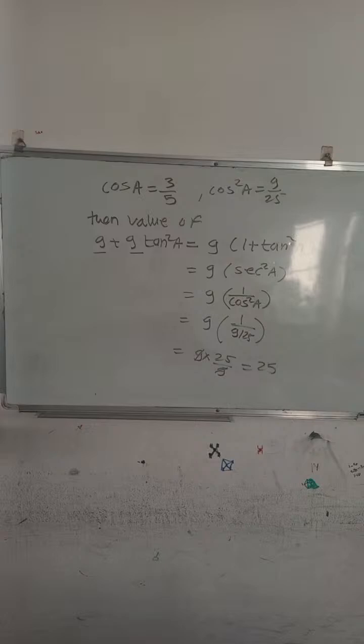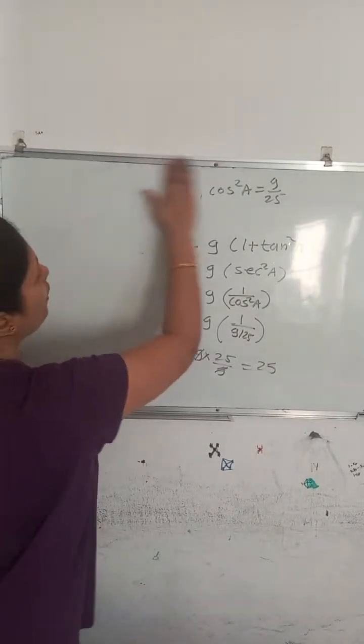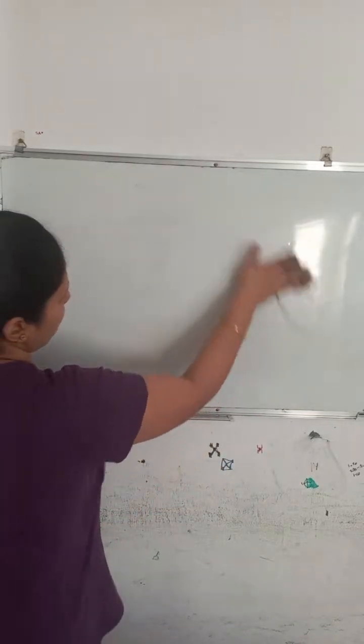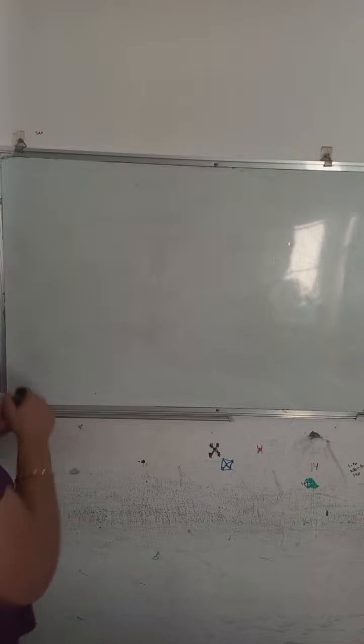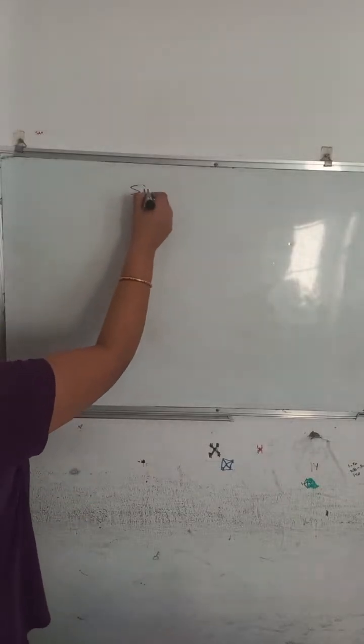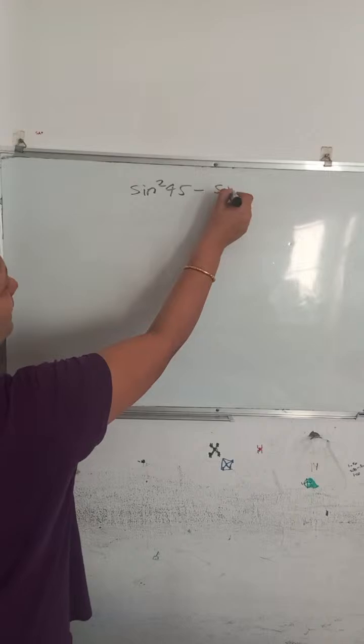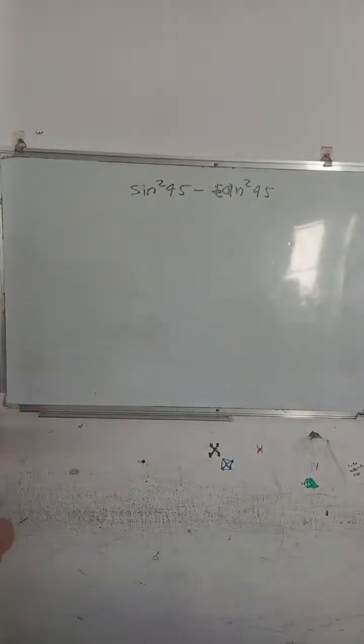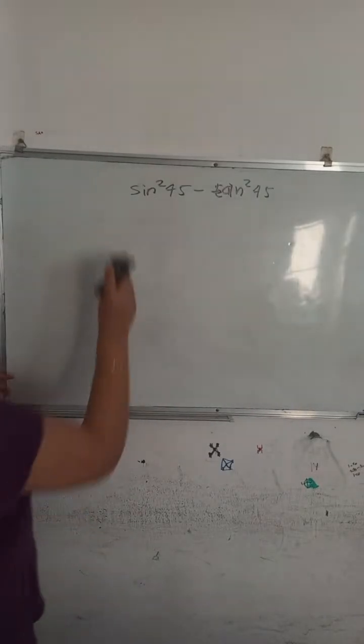Okay. Write down the next question. Find the value of tan square 45 minus sin square 45.